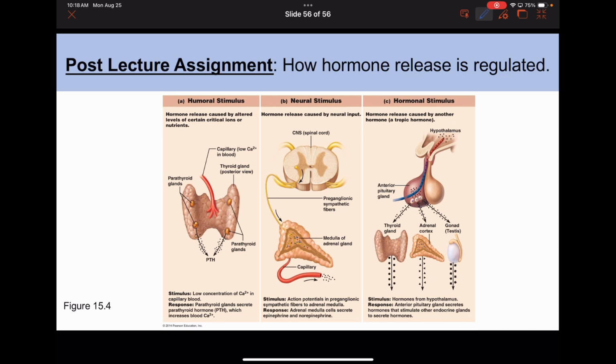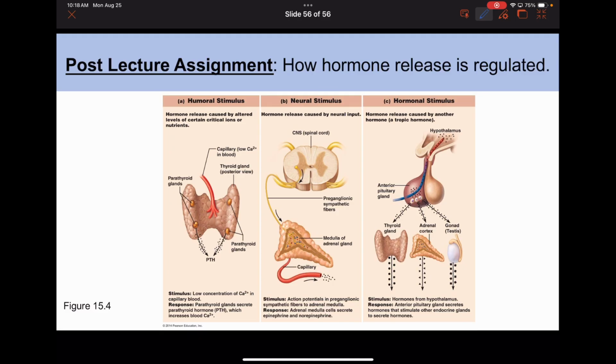Or when you start having baby move down towards the birth canal and you have stretching in your smooth muscle of the uterus, that causes signals to be sent, oxytocin to be sent out and make your uterus contract even more. That is a neural stimulus. The contracting of your muscles sends a signal to your brain to then release more oxytocin.